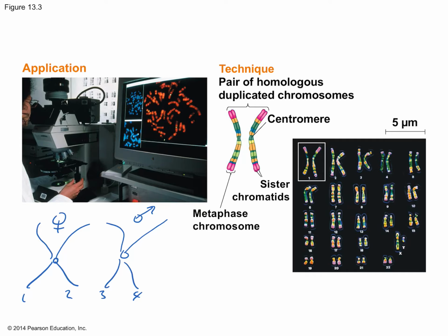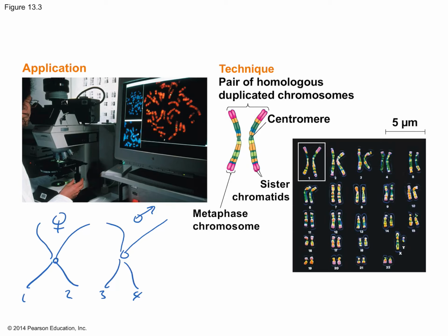That means that in humans anyway, and this isn't always true of other species, the father is the one that actually determines the sex of the offspring, because a female having two X's can only contribute X chromosomes to her eggs. Every egg will have a single X chromosome. The father, half of his sperm carry the X, the other half carry the Y. So if an X sperm fertilizes an X egg, you get a female or a daughter. If a Y sperm fertilizes an X egg, you get a male or a son.